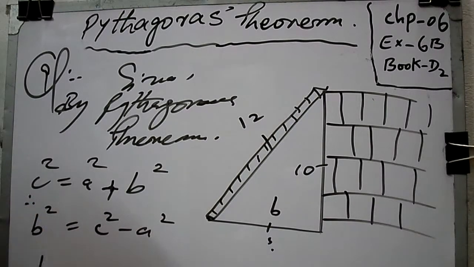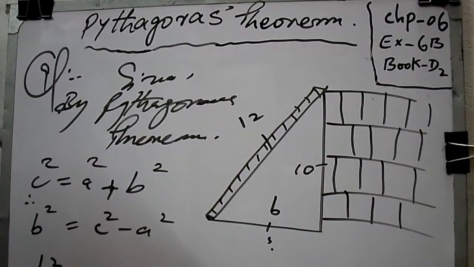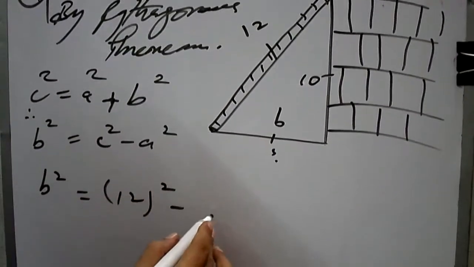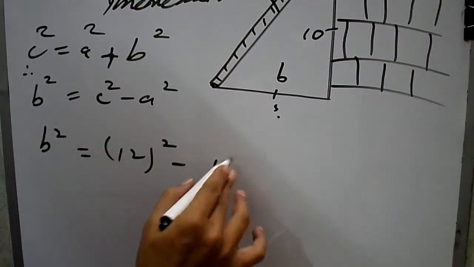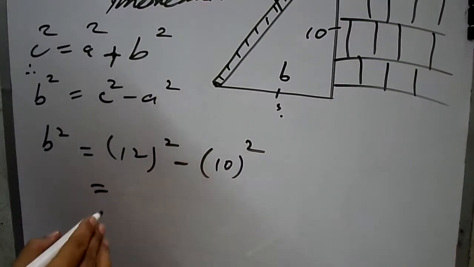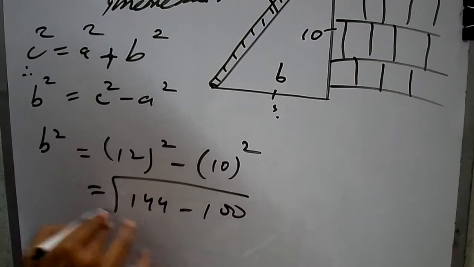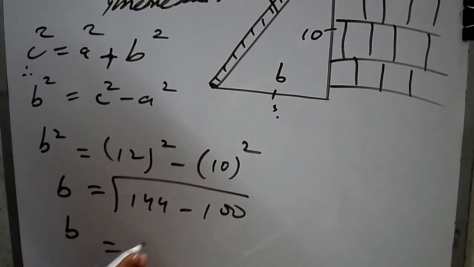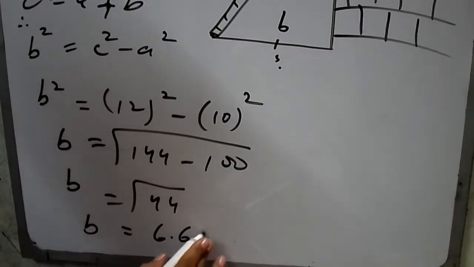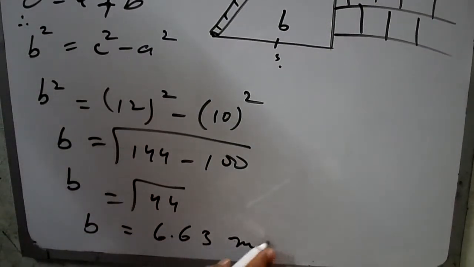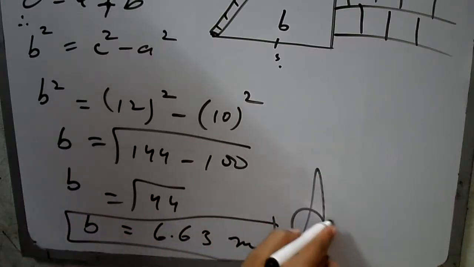Putting the values, the value of c is 12 and the value of a is 10. Simplify it, that is root of 144 minus 100 if you need b. So the value of b is root 44, so the value of b is 6.63 meter. That is your result.